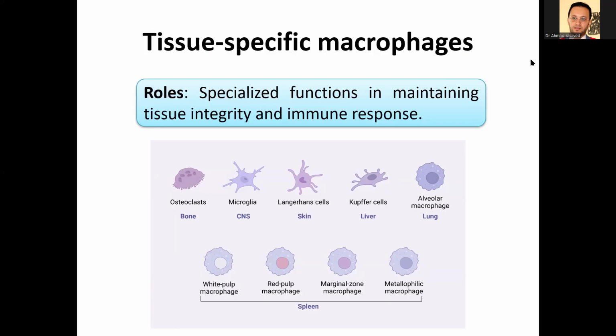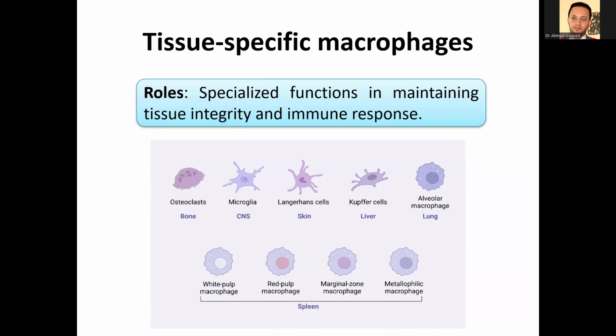Regarding the tissue-specific macrophage, depending on the site of differentiation of monocyte to macrophage, we have different names of macrophage. Just as an example, in the bone, osteoclast, which is the opposite of osteoblast. Osteoblast builds the bone, while osteoclast has the opposite role.